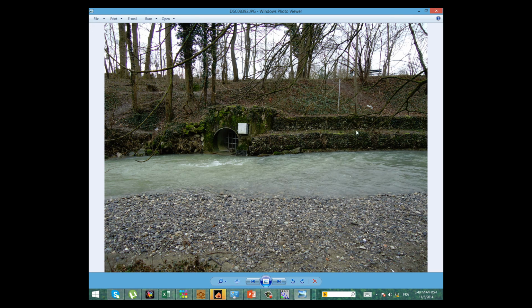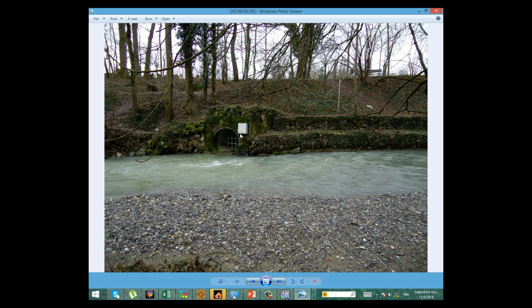These are some gabion structures. It's an old gabion structure. You see, most of the time when rivers make a curve, they erode the concave part of the river and accumulate sediment on the inside part of the curve, the convex part.